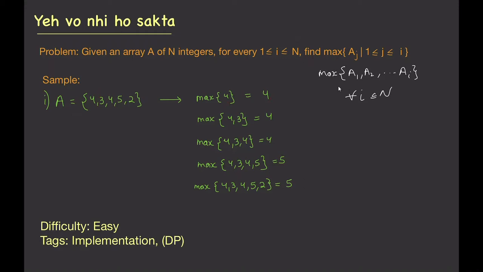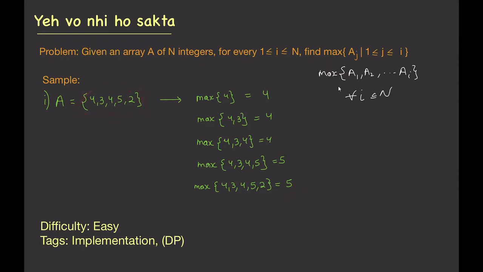Next, when i equal to 2, you have these two elements, so you are supposed to find max of 4 comma 3, which is 4. Similarly, for i equal to 3, you have this part of the array, and the answer is 4 again. For i equal to 4, you have this part of the array, and here 5 is the maximum element, so the answer is 5. And finally, for i equal to 5, you have the entire array, and the answer is 5 here too.